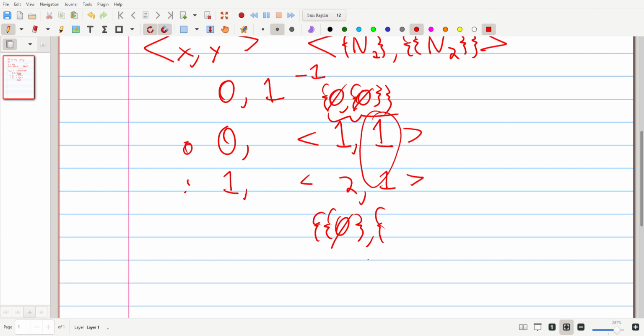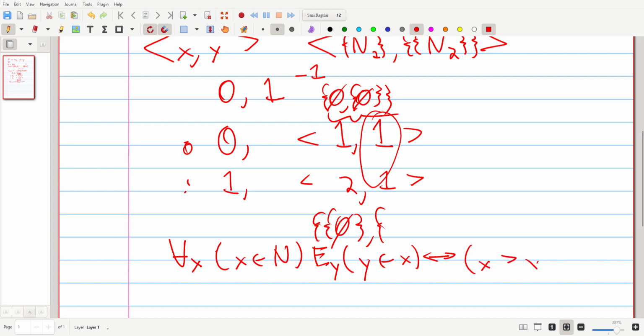So we can write the expression as, for all x within the set of natural numbers, there exists y in which y is a subset of x if and only if x is greater than y.